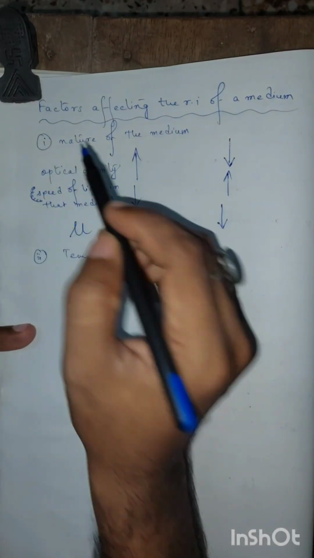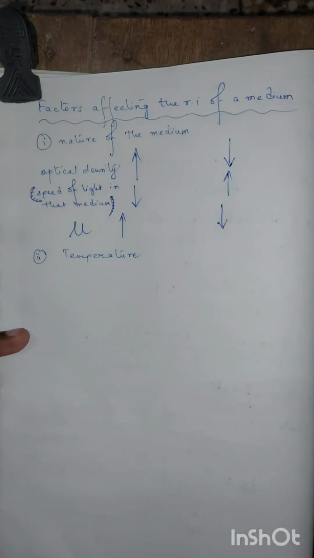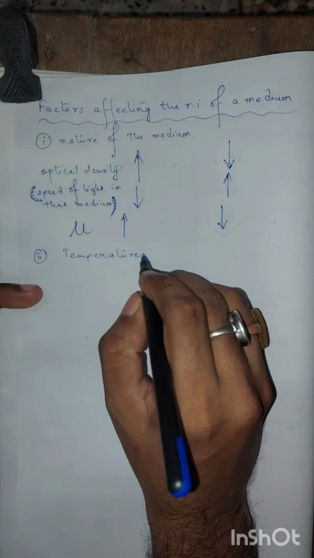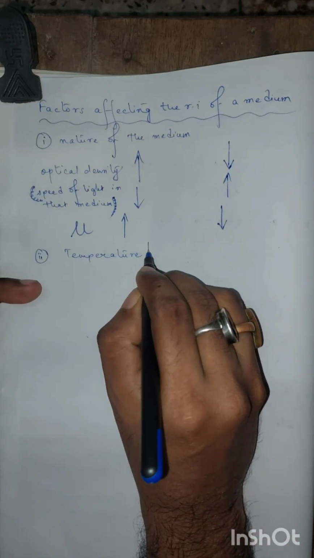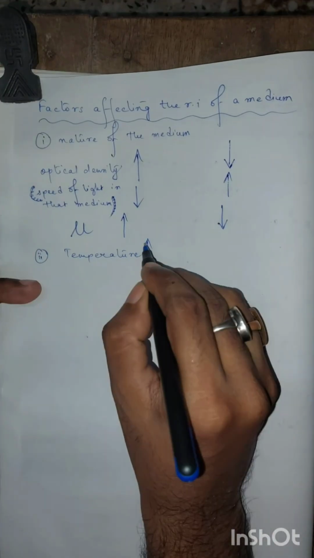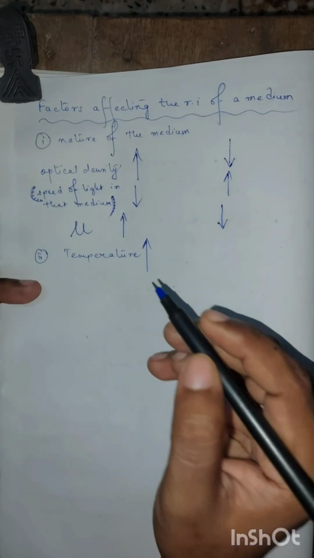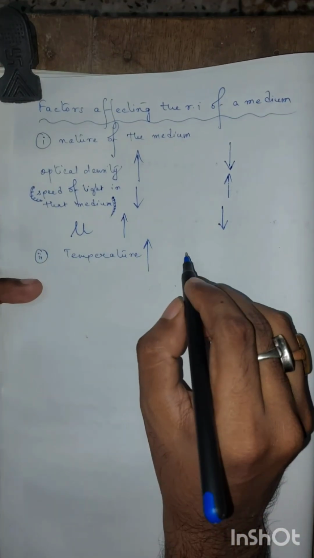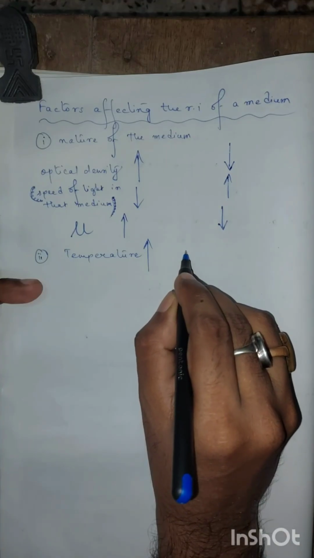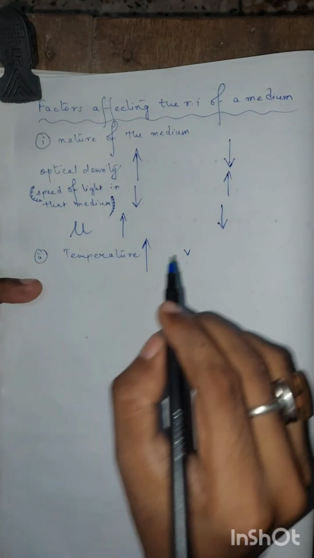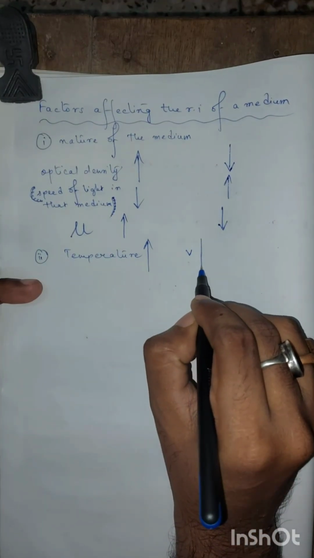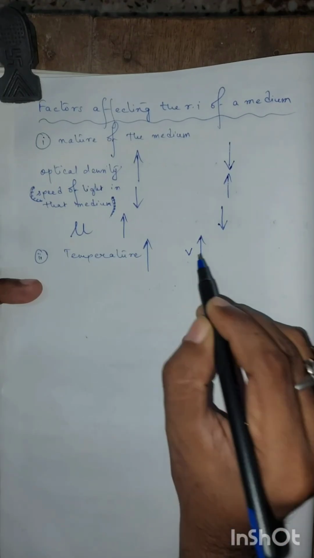Temperature. As the temperature of the medium increases, speed of light also increases.